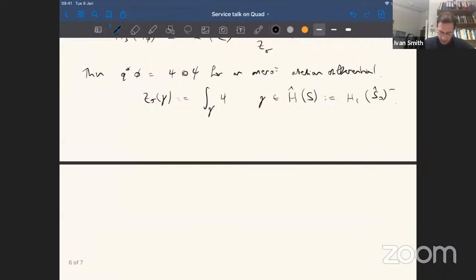Okay, and so then the addendum to the theorem was about the stable objects for these stability conditions.